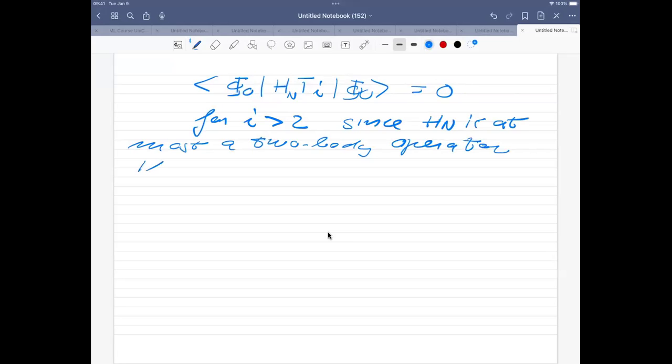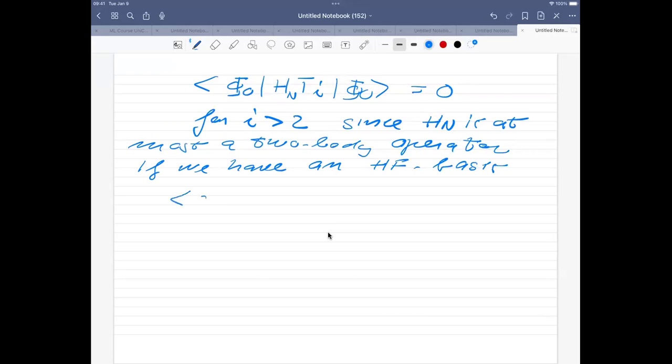Also, if we have a Hartree-Fock basis, this is important, suppose we have performed a Hartree-Fock calculation so that our reference state is a Hartree-Fock reference state.